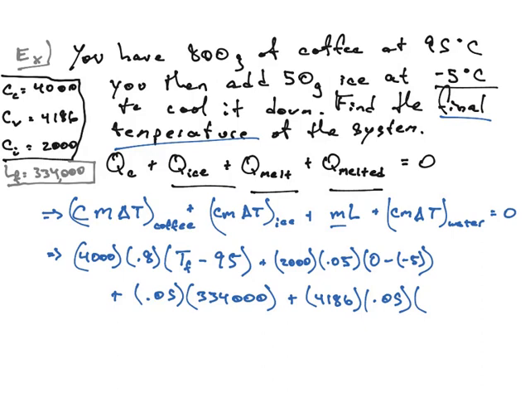Because once the ice is melted, this water will heat up as much as the coffee will cool down. So TF, which is what I'm looking for, minus what's the initial temperature of the melted ice? It's not -5. That's the initial temperature of the ice. But after the ice is melted, remember, the ice got to 0 degrees, then melted. So the initial temperature of the melted ice is 0. And we set this equal to 0, and we got our equation.